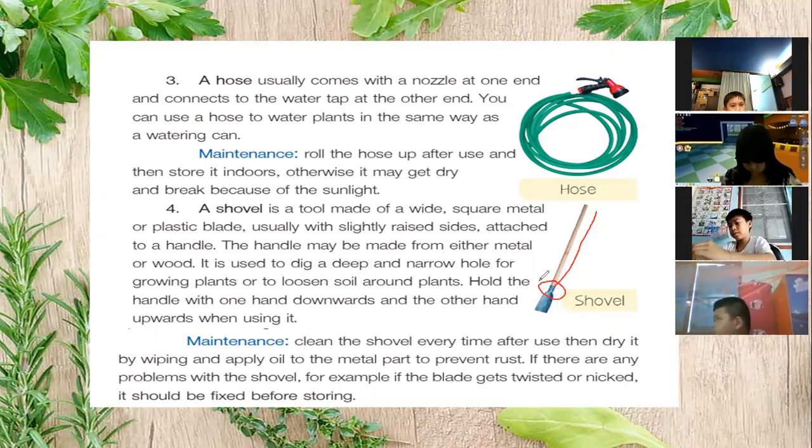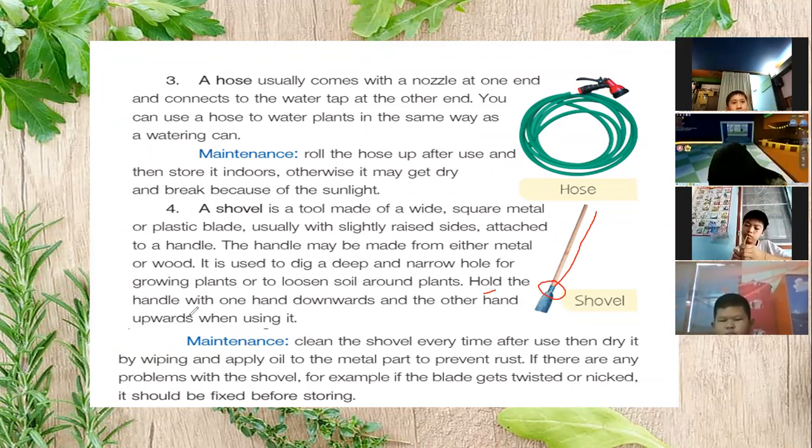All right. So what is the use of a shovel? Usually we use it to dig a deep and narrow hole. If we would like to plant, we need to dig the soil, and a narrow hole, a small hole, not too wide. So we use the shovel. How do we use it?